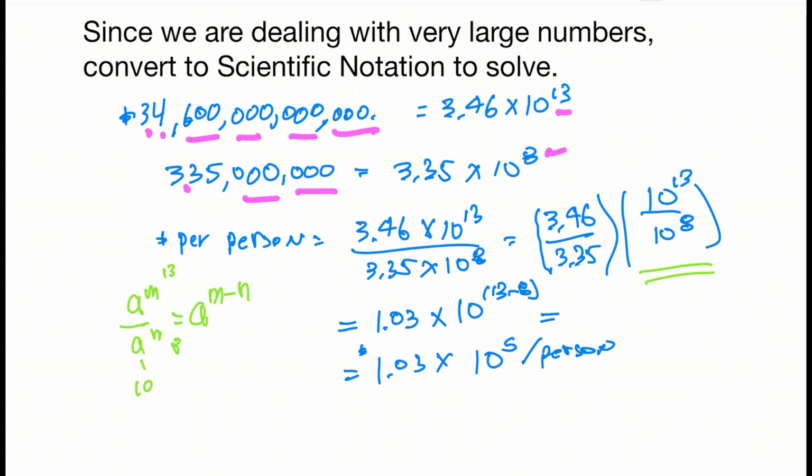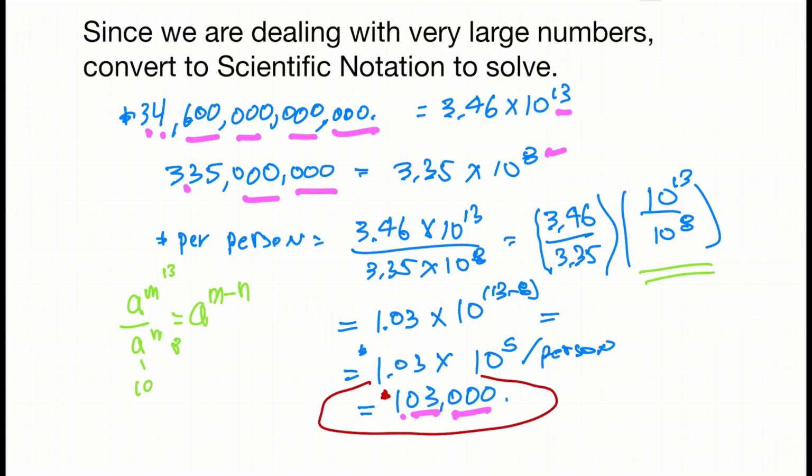Writing that in a more longhand notation, converting it back to standard form, let's verify that we did that properly. We got 5 places here. There's 3, 5, and there's our decimal place. So we converted that back properly. And so that is the answer to our question. Each person, man, woman, and child, baby, owes a little over $100,000 in debt.